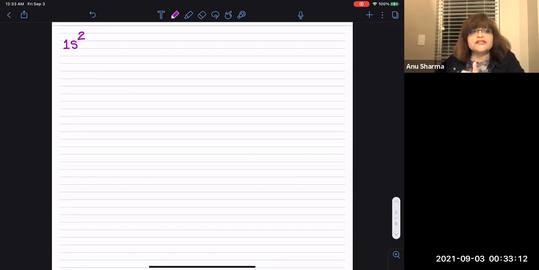So if you have to place one electron, it is just going to go to 1s1, and then you stop. But if you have 2 electrons, then they fill the 1s. But if you have 3 electrons to place, such as in lithium, what do you do? You go to the next energy level, and it contains the 2s subshell, and then the 2s orbital, which can hold a maximum of 2 electrons.